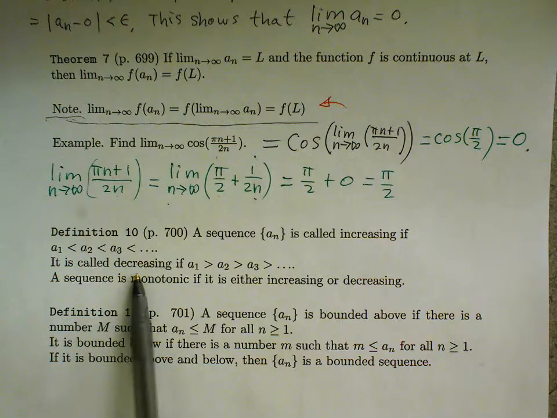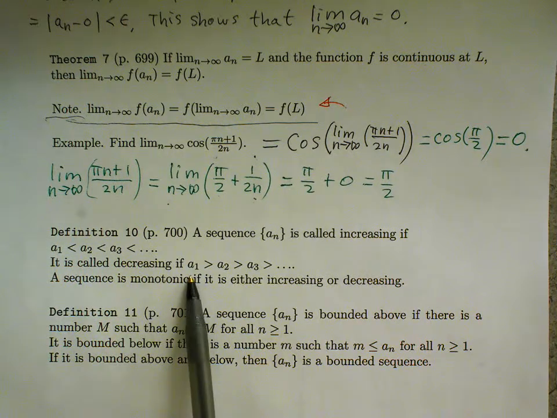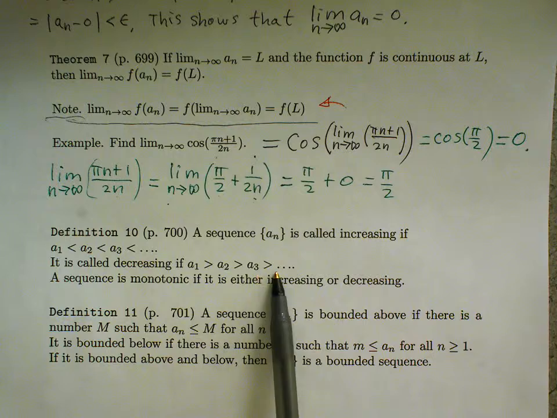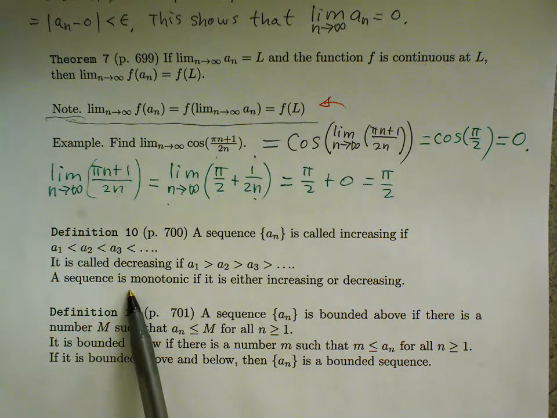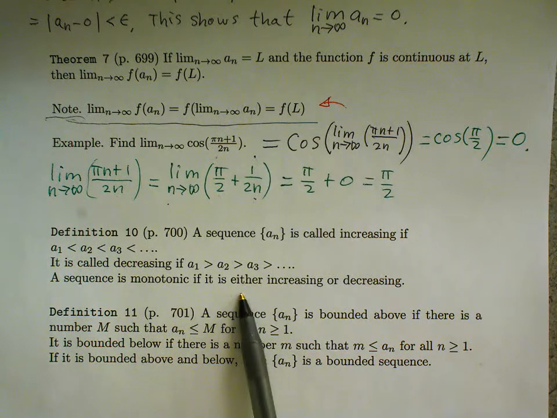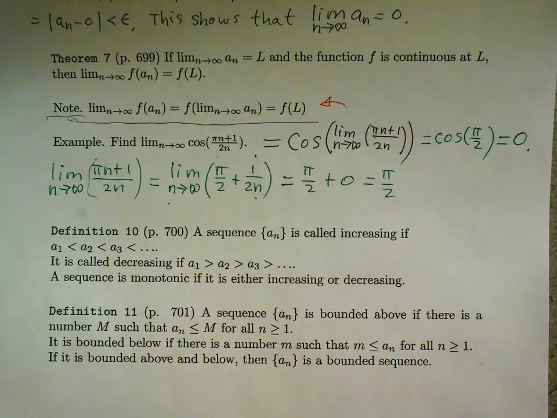It is called decreasing if a sub 1 is greater than a sub 2, which is greater than a sub 3, and so on. A sequence is called monotonic if it is either increasing or decreasing. So just note that a monotonic sequence can be one or the other. It can't be both. It's either increasing or it's decreasing.